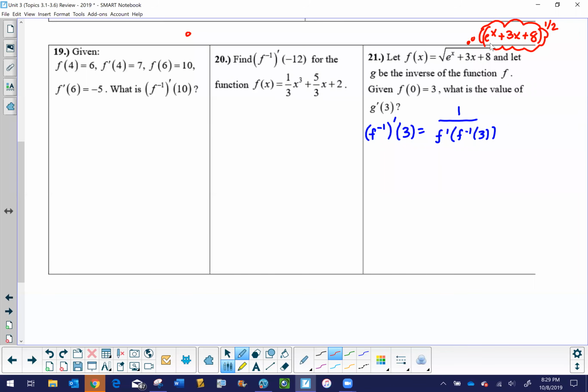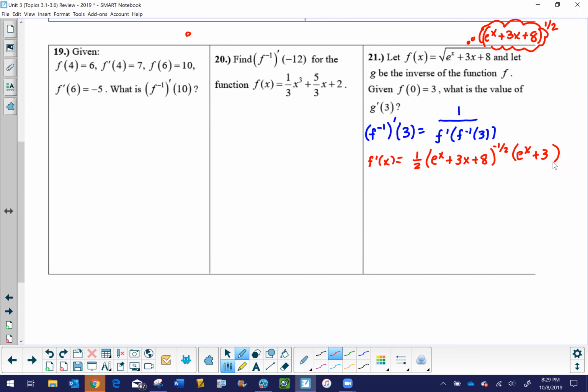So that means that f prime would be a 1/2 in front, followed by the e to the x plus 3x plus 8, all to the -1/2, multiplied by the derivative of what's inside, e to the x plus 3.